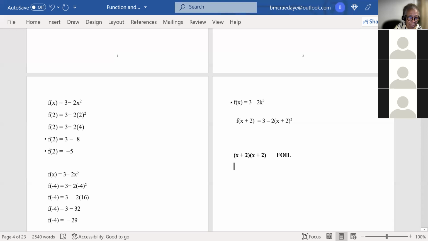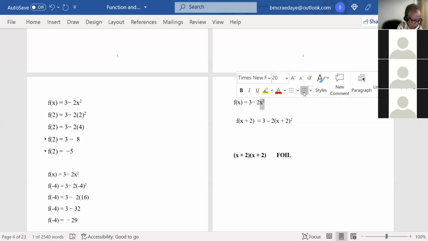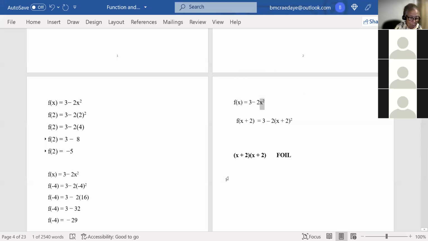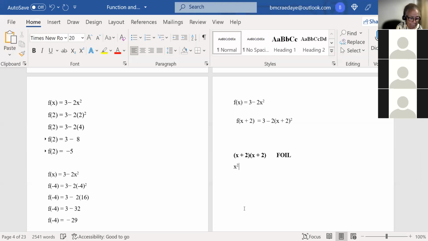Well, we know we have an x squared, so let me copy this x squared. That's 2. So you use your FOIL. First, you have x squared. x times x is x squared, right? Okay, the outer is going to be x times 2, right? So what's x times 2? 2x, very good.